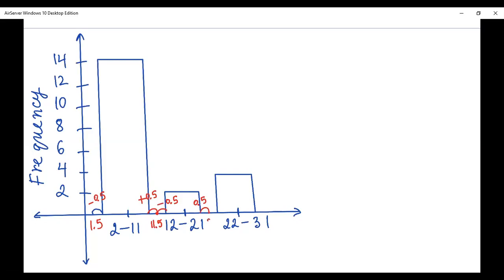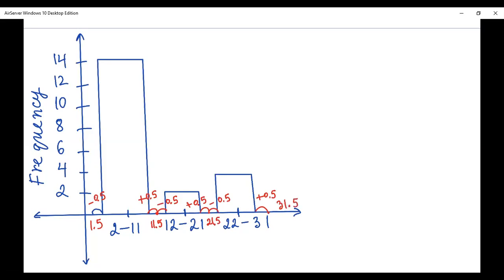So this will be 21.5. Adding, subtracting. And the last thing, you're gonna add 0.5 to the last upper limit. That will be 31.5.